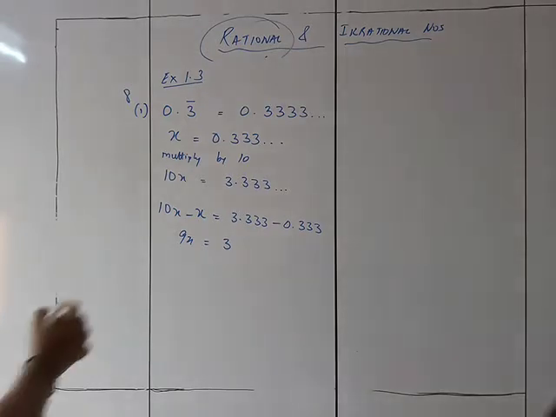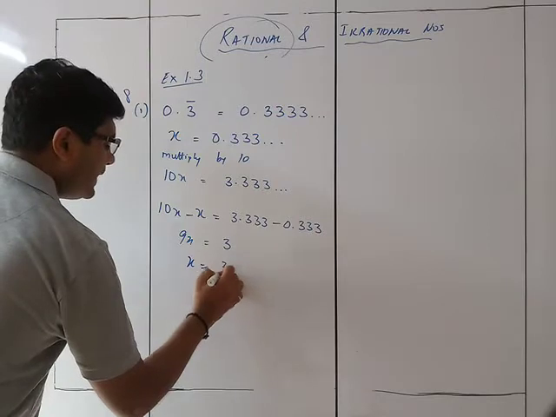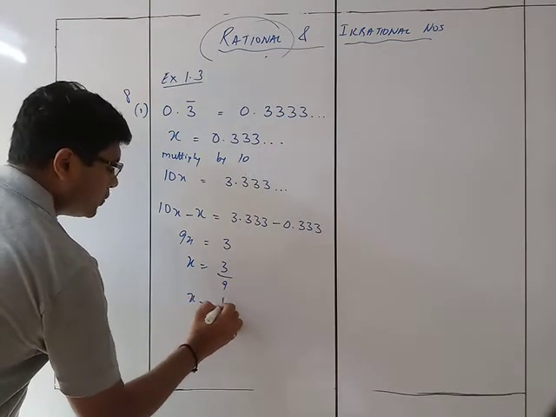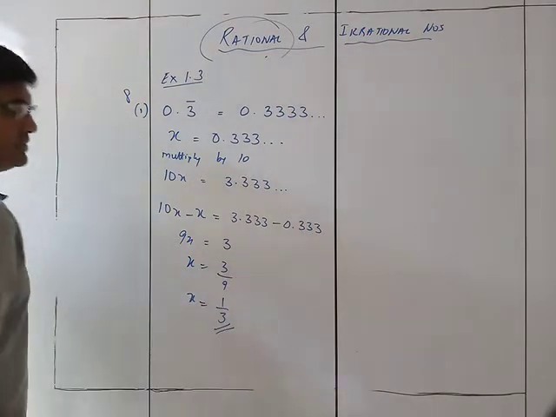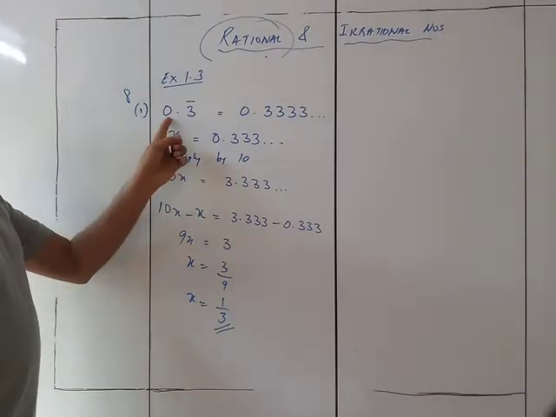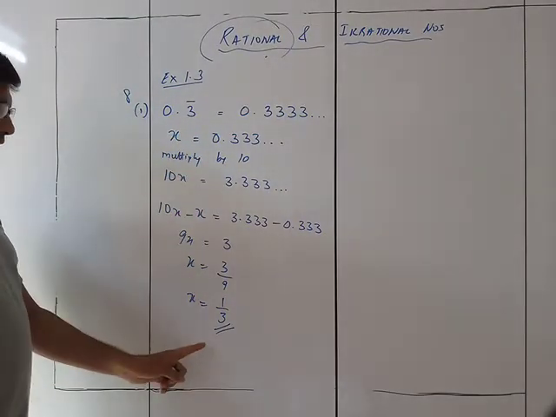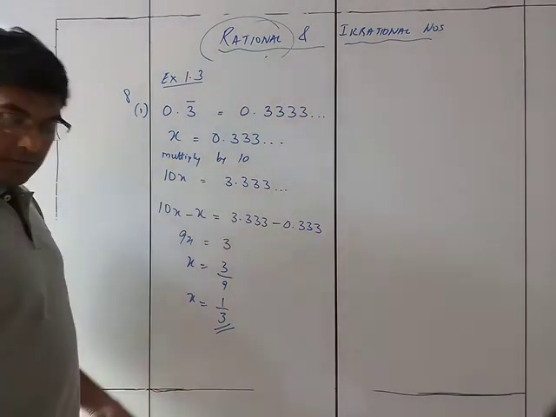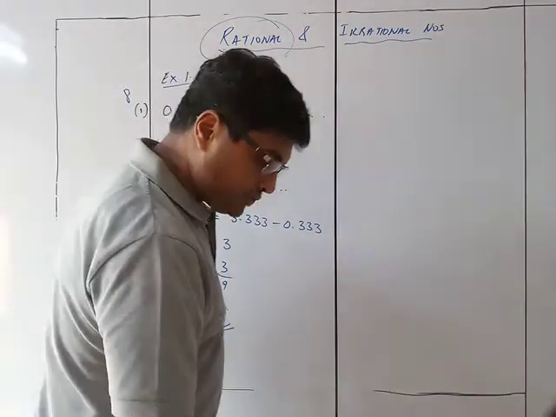Right, so we see that x is equal to 3 upon 9. So x is equal to 1 upon 3. That's the answer. So 0.3333 can be written as 1 upon 3 as required in this particular question.